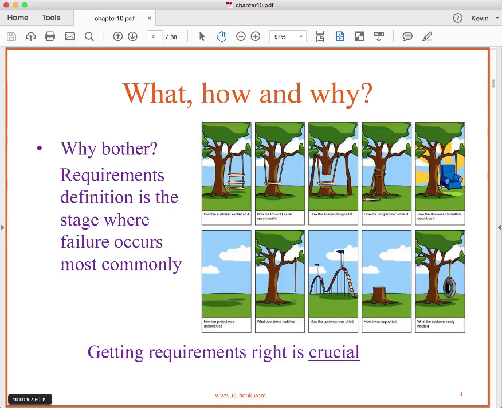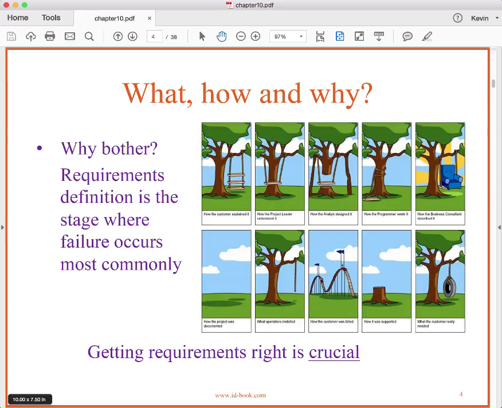Actually, if you look at the tire swing and if you look at what operations installed, they're not too different. The operations people were only off by one part. So perhaps the cartoonist here maybe comes from an operations kind of background and feels like the operations people probably know most about what the users really need.